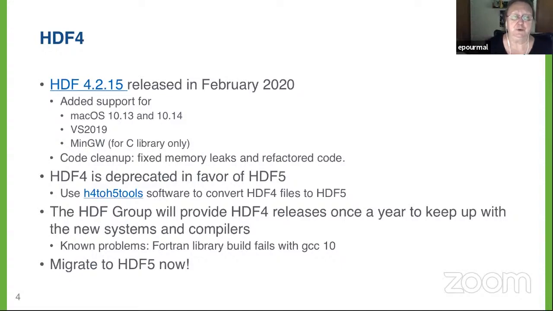There is the H4 to H5 tool software that can help you to rewrite programs and solve conversion problems. It also comes with tools that allow you to convert HDF4 files to HDF5 files. So HDF4 will not last forever. Please, if you use it, go to HDF5 now.